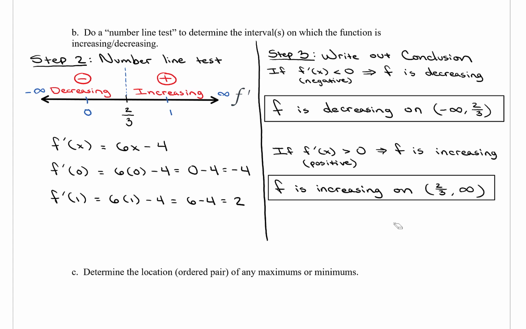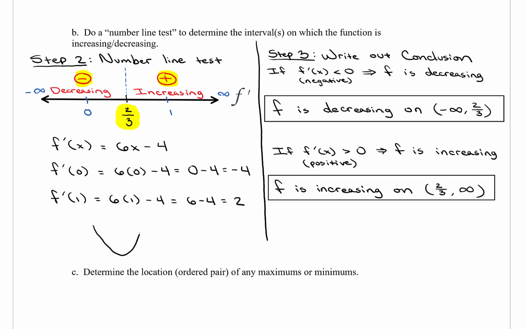I'm going to highlight the 2/3 that I wrote on the number line, and I'm also going to highlight the signs, how the sign switched on these intervals. So I highlighted the negative sign and the positive sign. Because there was a sign switch from these two intervals, that means that this 2/3 represents a minimum because the function went from decreasing to increasing.